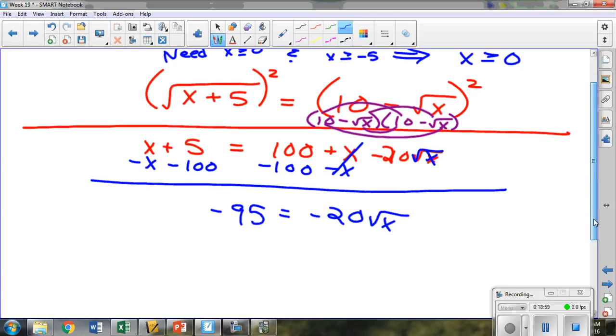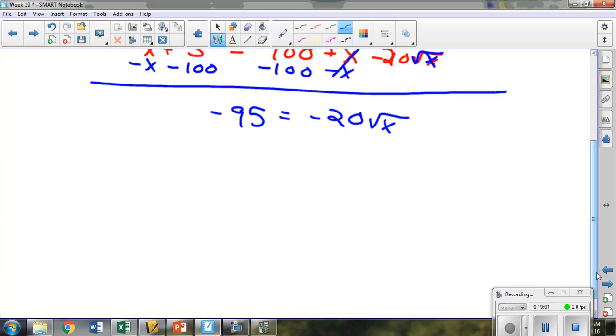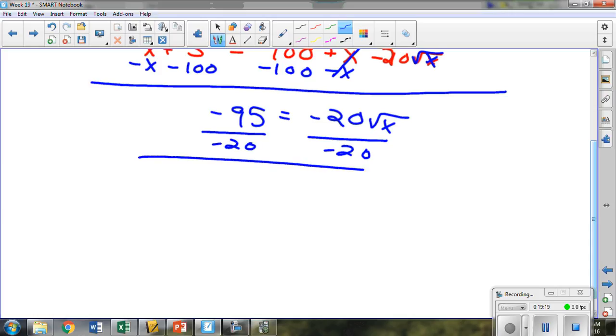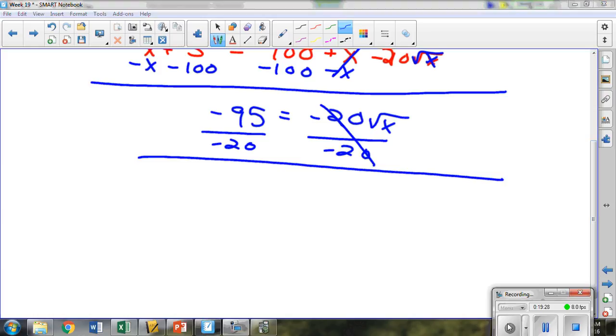We are fortunate because in this particular one, this isn't a quadratic formula. This one's just inverse reverse. We have a single occurrence of the x. And so we could divide by negative 20. Negative 95 divided by negative 20 equals 4.75.